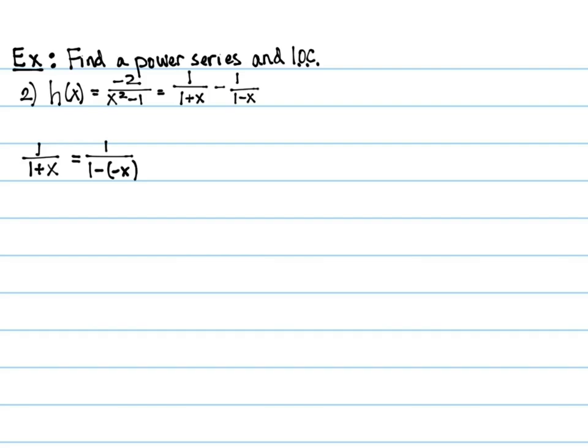Which means that I can rewrite this. We've got a equal 1, what would r equal? Negative x, okay, cool. And so we can rewrite this as the summation from n equals 0 to infinity of 1 times the r value, which is negative x, to the n.